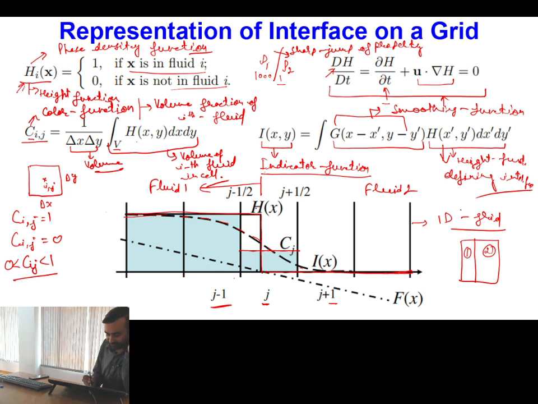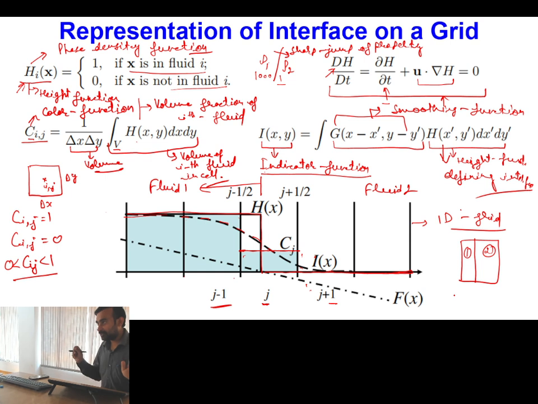So what is happening? H is a sharp change, and C is changing in this stepped fashion. C is still gradual, but it is not a smooth gradual change. C again has a discontinuity, but the indicator function, which is multiplied with the smoothing function, has a purely gradual change from 0 to 1.